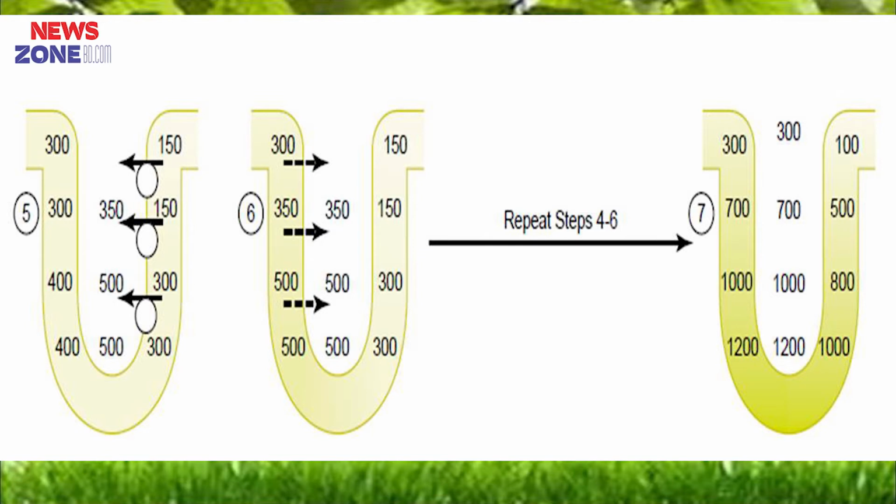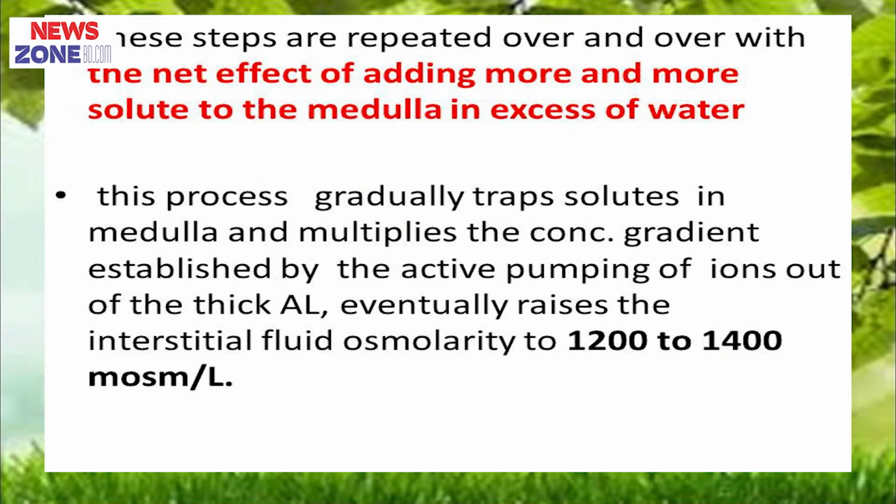In this way, when the fluid descends through the descending limb to the top, it becomes the same as the interstitium. And when it goes upwards in the ascending limb, the pump is always active, and in this way it pumps more solute to the interstitium. In this way, these steps are continuously repeated again and again.